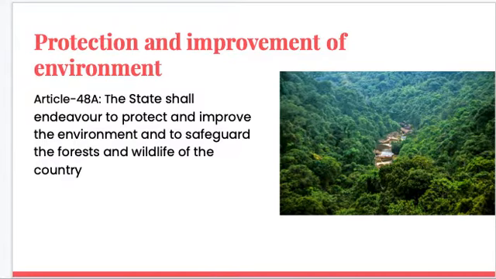Secondly, we have to improve upon it. We have to ensure that it is much greener, much healthier for people to live in, without extreme pollution. So these are the twofold duties of the state: first you have to protect, second you have to improve upon it.